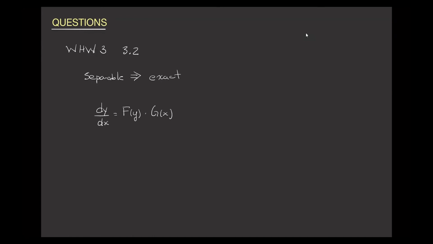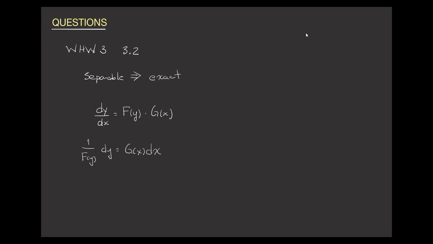And now we want to try to show that this is exact. One thing we can do is first separate it. So we might get something like 1 over f of y dy is equal to g of x dx.